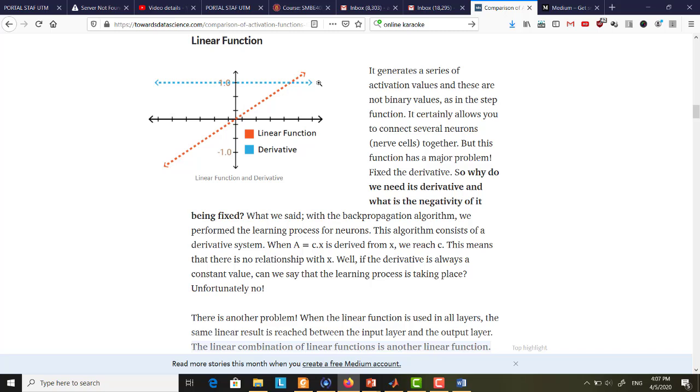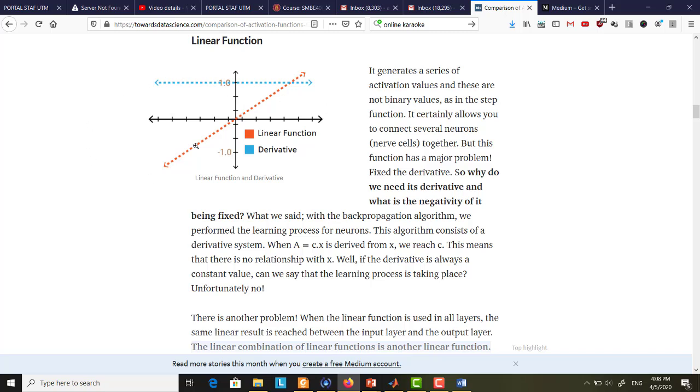Then you will update your W13 with the value 1, and in the next cycle of backpropagation, the backward pass, you still update your W13 with the value 1, and again 1 during the next iteration. So the learning process does not happen at all. That's why introducing the linear function is not an appropriate way to represent the learning process.